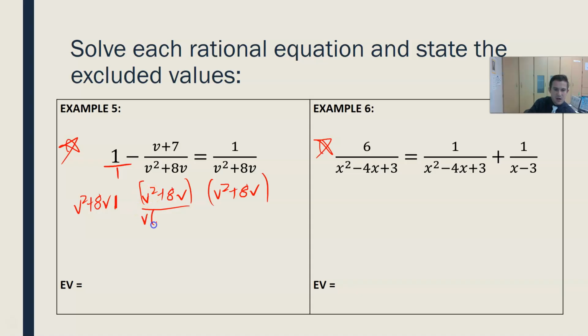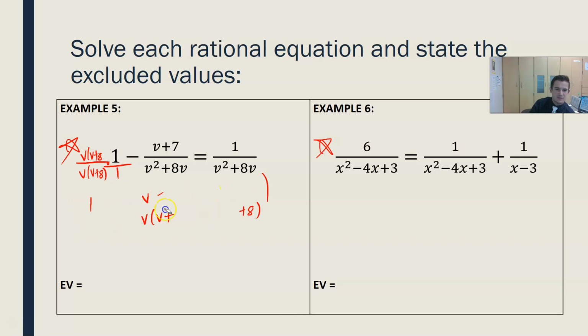If I took out a common factor of v, this would be written as v times v plus 8. So I would need v and v plus 8 in this fraction on the left here. So if I need to have v times v plus 8 in the bottom, or v squared plus 8v, and v times v plus 8 in the top, I'm going to multiply that through.